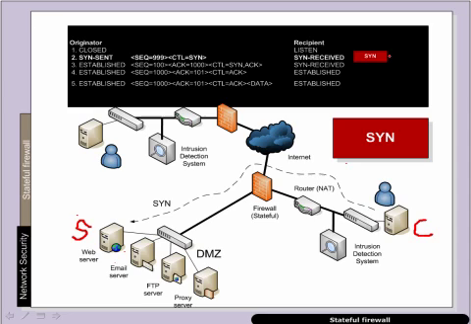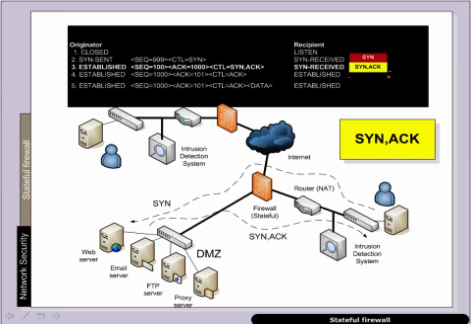The first thing that we see is a small TCP packet that is sent out with the SYN flag set. So that is sent out to the server saying that the client wants to connect to the server. In this case, the SYN is sent from the client and then the SYN is received by the server.